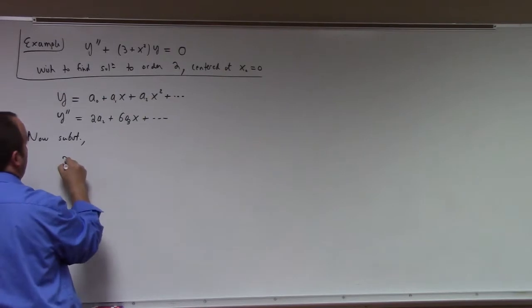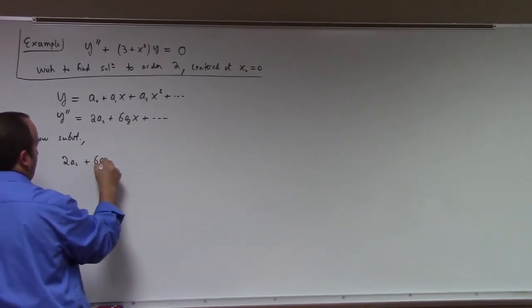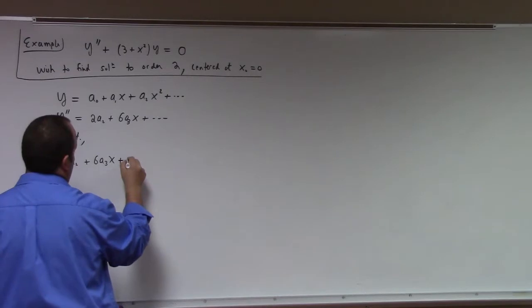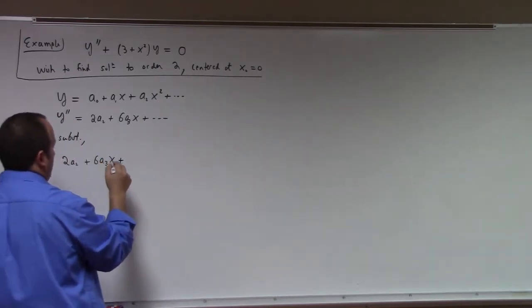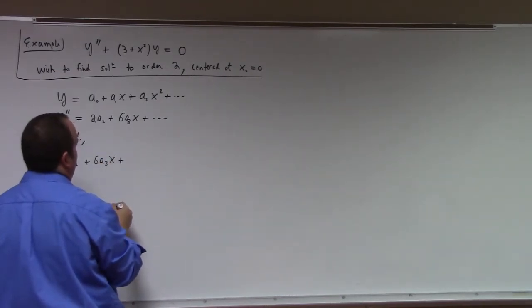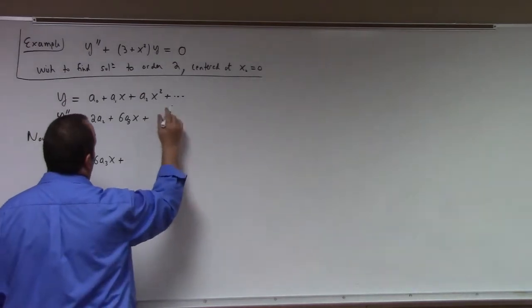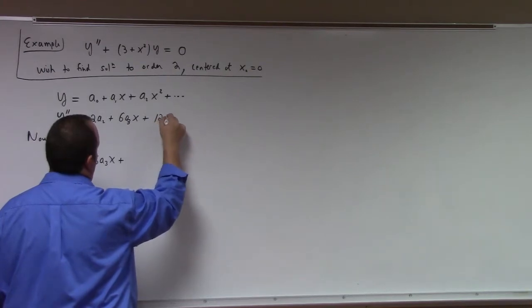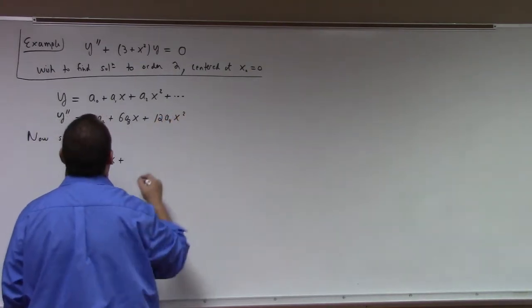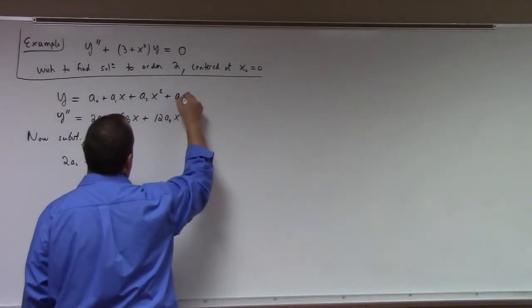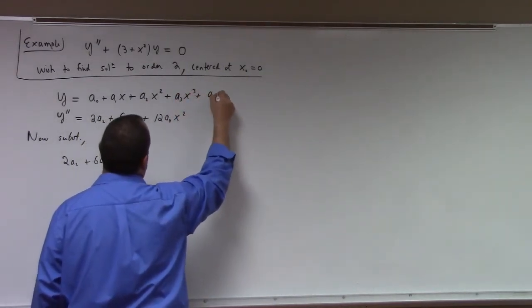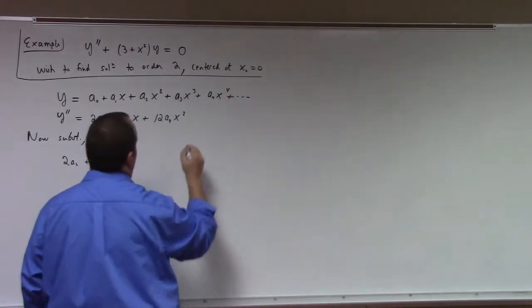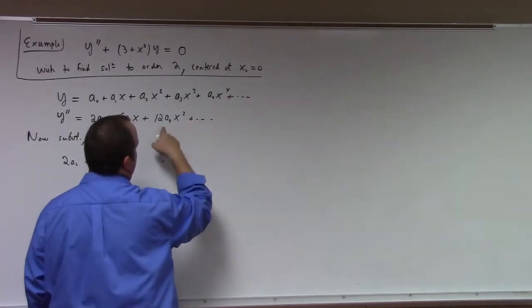That gives us 2a2 + 6a3x + and I want to keep the next term, if you don't mind. What's past 6a3? Is it 12a4x^2? Think about this: a3x^3 plus a4x^4. If I twice differentiate that, do I get 4 times 3?